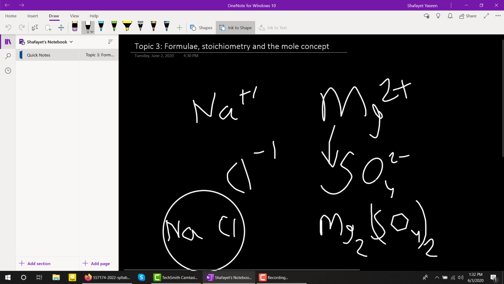The reason being, when we have an equal ratio of atoms of each component, we tend to cancel them out. We tend to write them in the most simple form possible. So the most simple form of this compound is to eliminate the 2s. Here's a 2 and here's a 2. The ratio is 1:1.